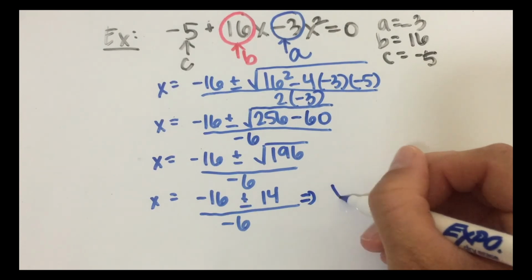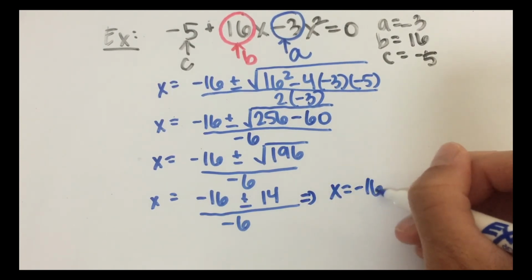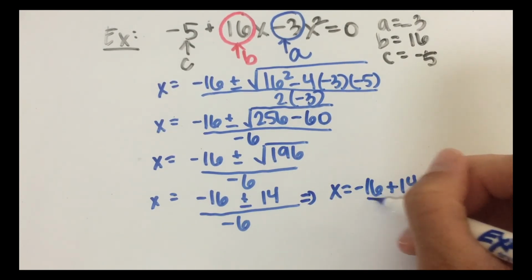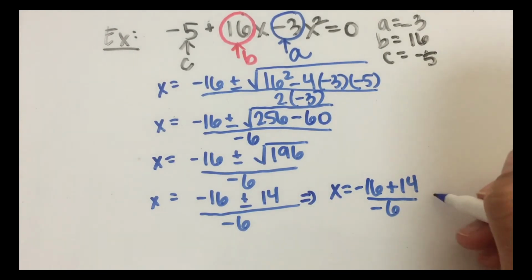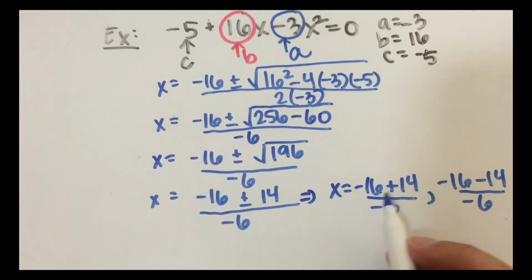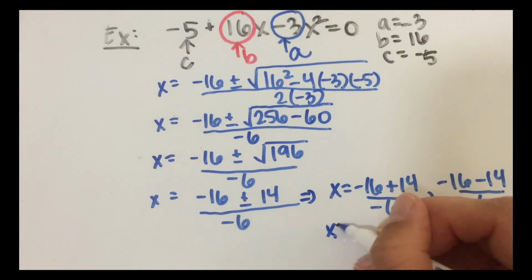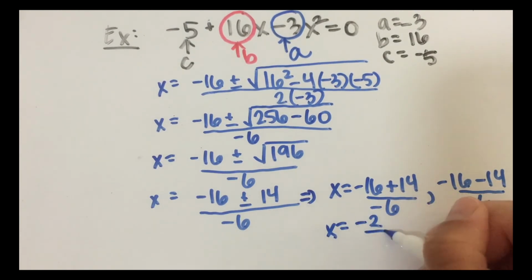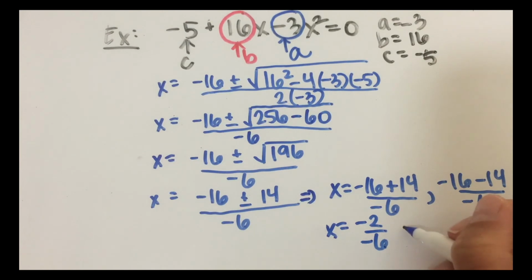So here we have this, or negative 16 minus 14 divided by negative 6. So negative 16 plus 14 is going to be -2 divided by -6. And then I have -16 minus 14, so I'll do plus a negative.